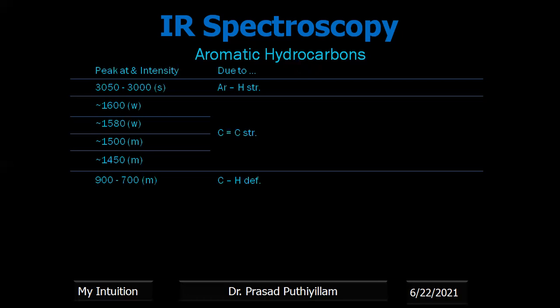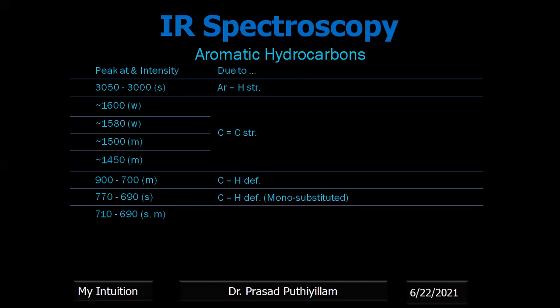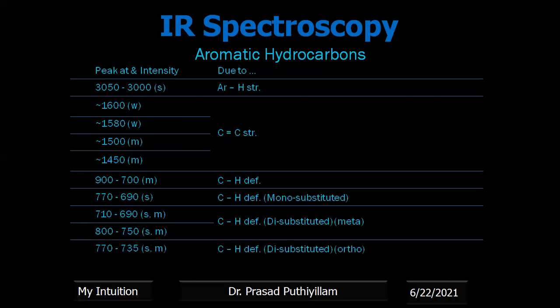Then 900 to 700 is a medium peak for CH deformation. 770 to 690 is a strong band if it is monosubstituted, CH deformation or CH bending. 710 to 690 strong to medium if it is a disubstituted meta case, along with a peak at 800 to 750. Similarly, for disubstituted ortho we get only one peak, 770 to 735 strong to medium.